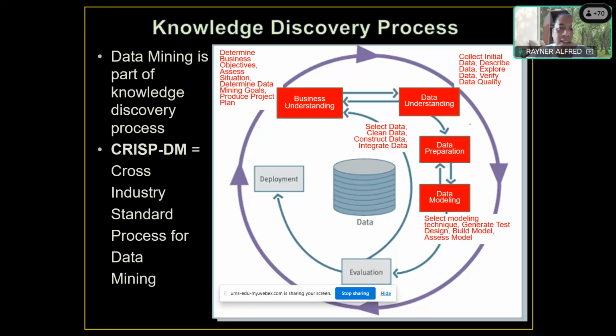So this is where the data mining occurs, in which you are trying to extract the frequent pattern that we have. And once you have built the model, of course, you need to evaluate.